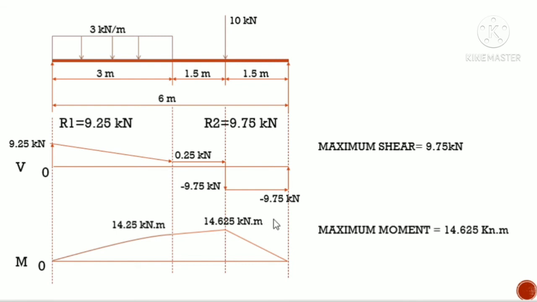Sa R2, we have 9.75. Okay? Na shear. Okay? So, ang effect ng shear dito sa support is mapuputol siya. Ang moment naman, ang effect niya is bending, mag-bend siya.